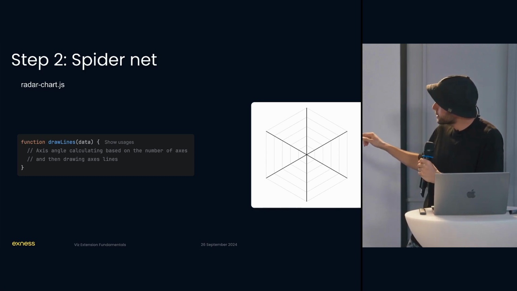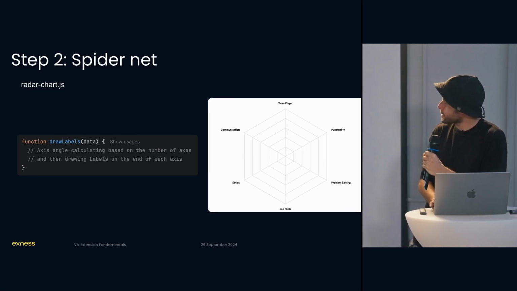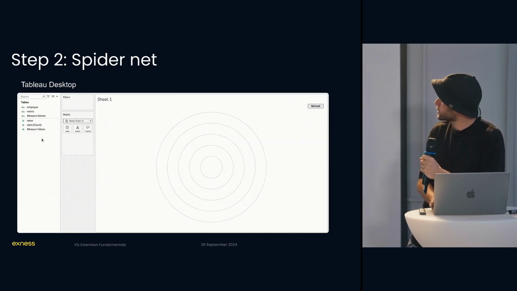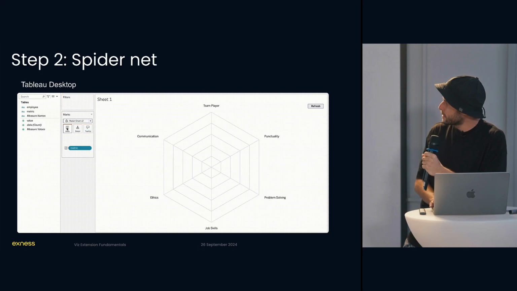I'm not sure you see this. Okay. Yeah, again, I put a placeholder for the function, and then we would like to add the labels for each vertex. And this is how it looks in Tableau when we drag and drop a metric to the axis mark. Yeah, it's like mentioned previously.